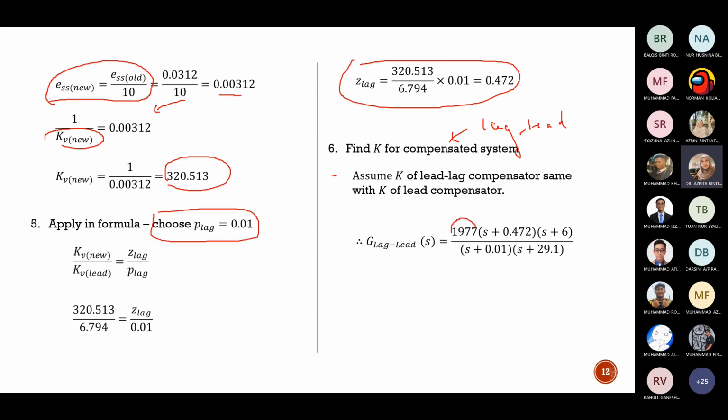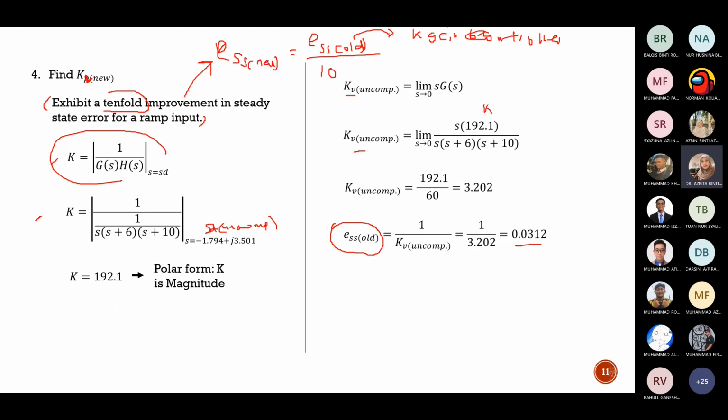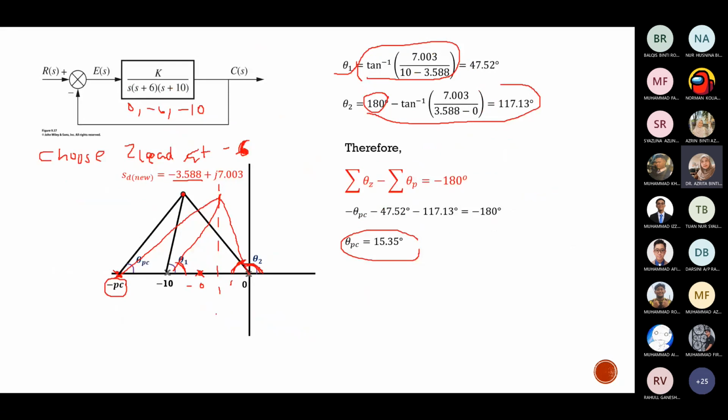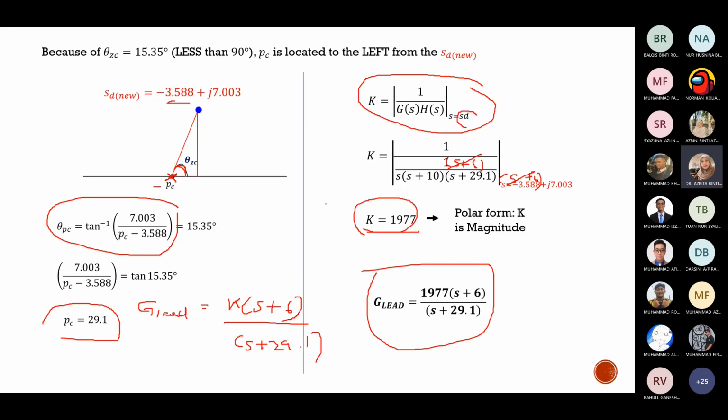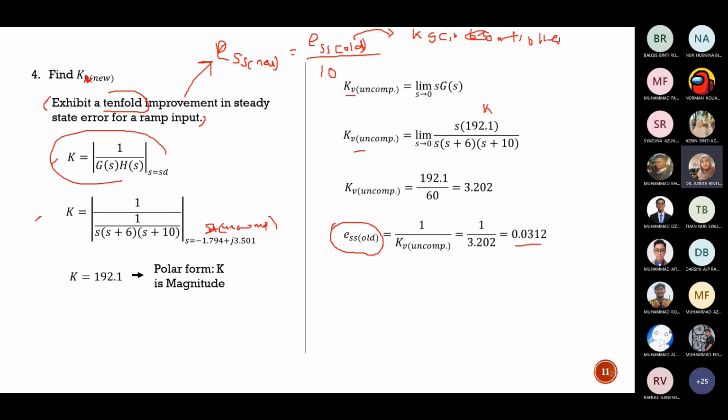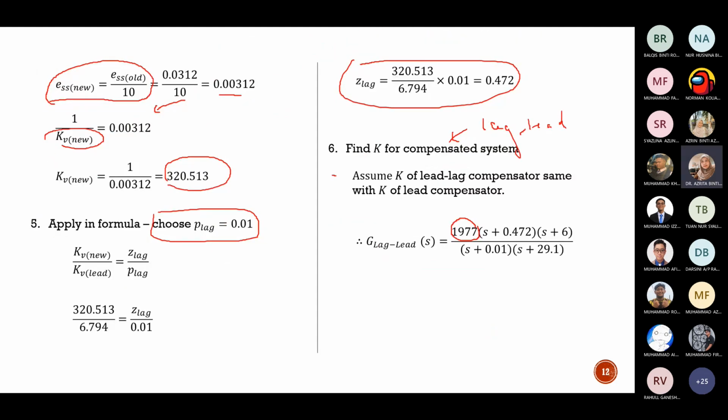So we just write the value of K lead that we already obtained here. So you can put the value of K is the same with the value of K for the lead compensator.